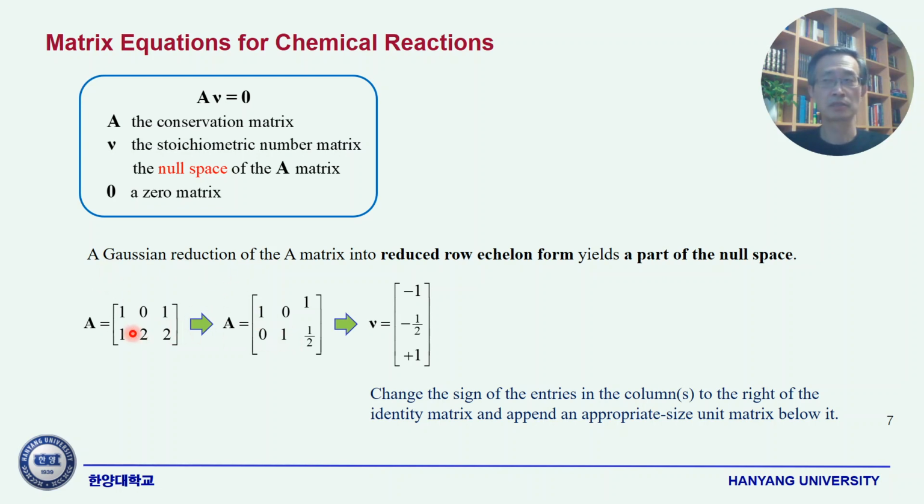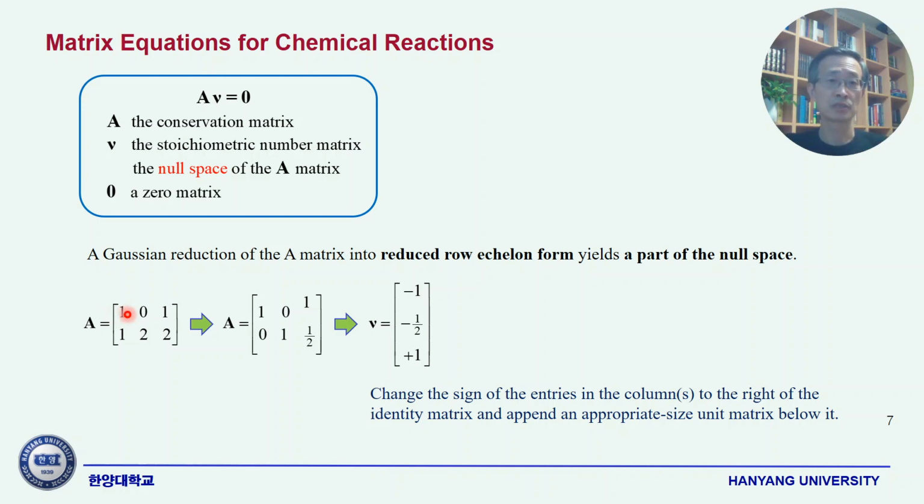In a matrix, you can multiply a row or column by a constant and add it to or subtract it from another row or column, and that does not change the property of the matrix, right?